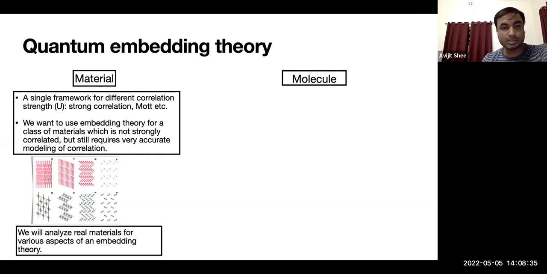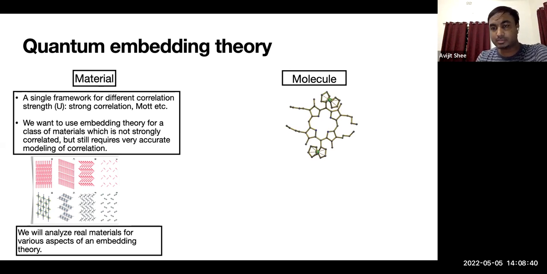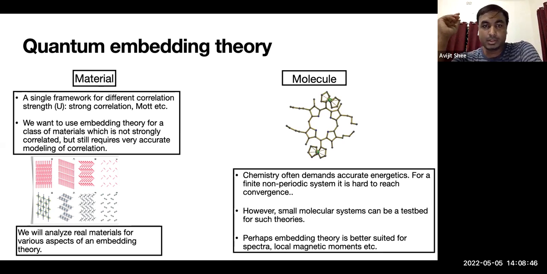Another motivation is to apply this solver to molecules as well. For molecules, embedding theory is not generally used, but apart from Dominica's work, and very recently DMET-type works, one can think of using embedding theory for molecules because of the following.